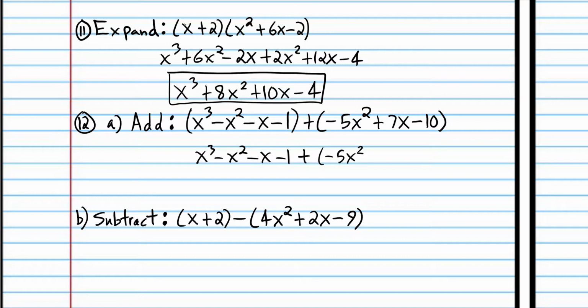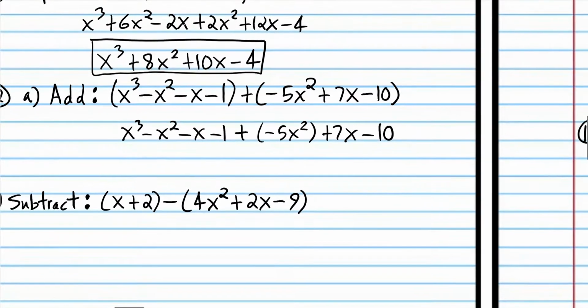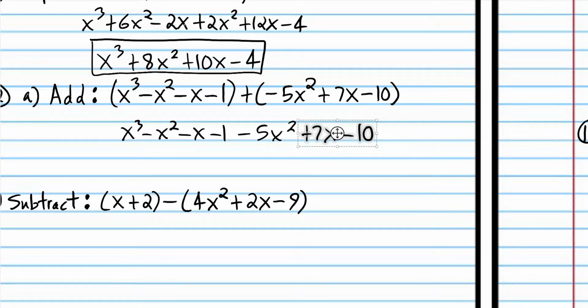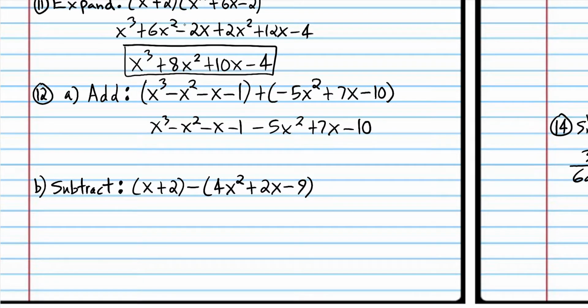We're going to have to write parentheses on the negative, though, because you can't have a plus sign next to a negative. And what you can do is you can just change that plus to a minus and say minus 5x squared, which is what I'm going to do. So again, when you're adding polynomials, you can just get rid of the parentheses.